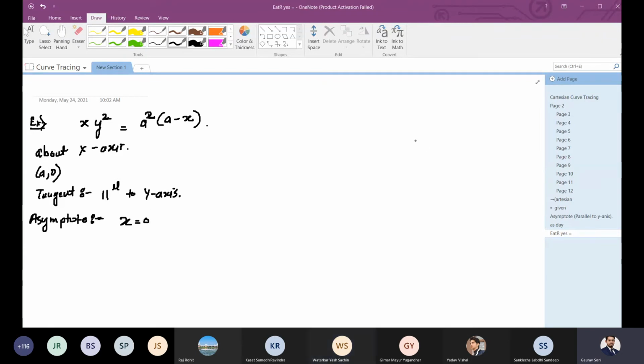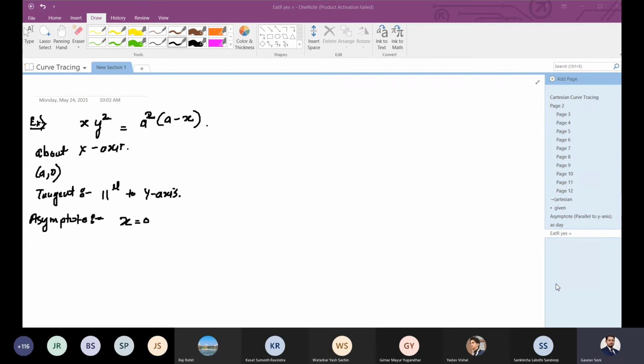So has anyone traced the curve? Sir, I have a doubt. In this example, the tangent and the asymptote are the same. No, no. You will have to talk about the tangent at the point a comma 0, and we are not exactly finding the equation of a tangent.